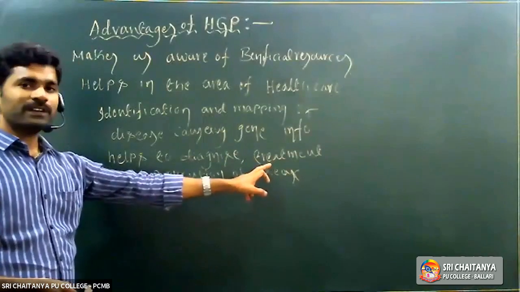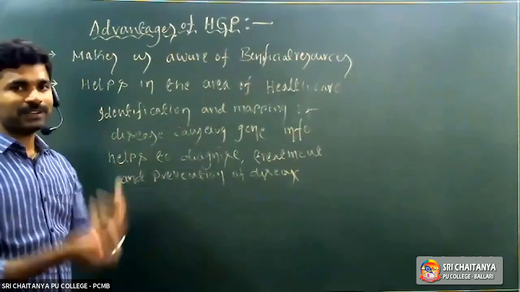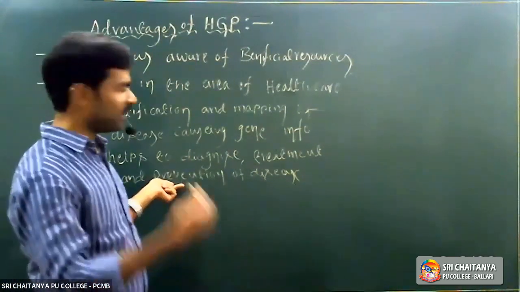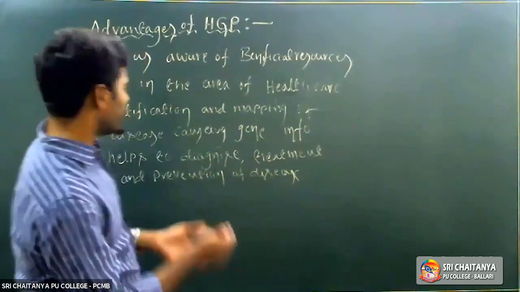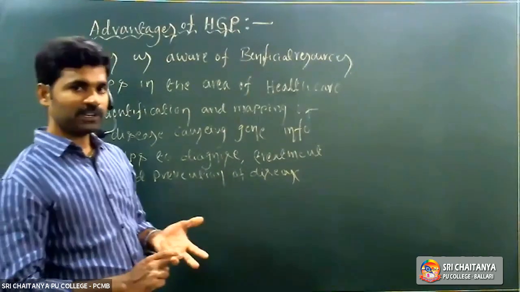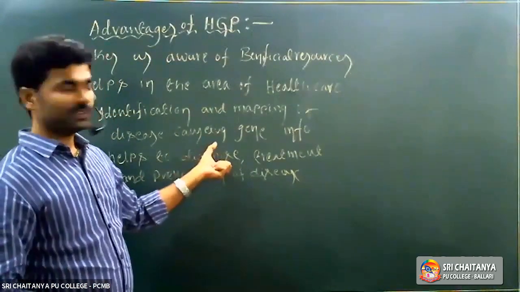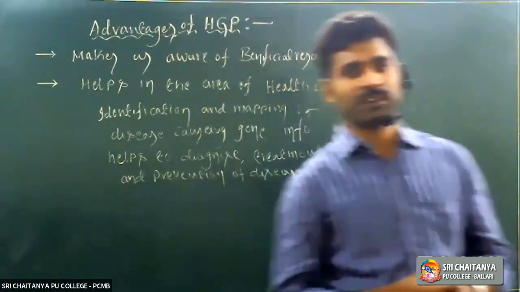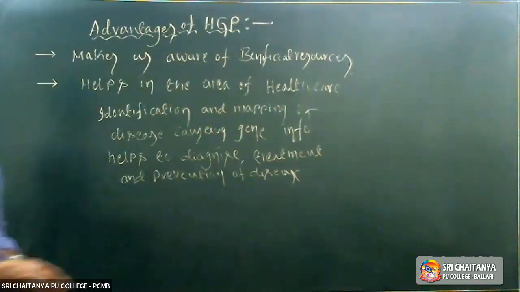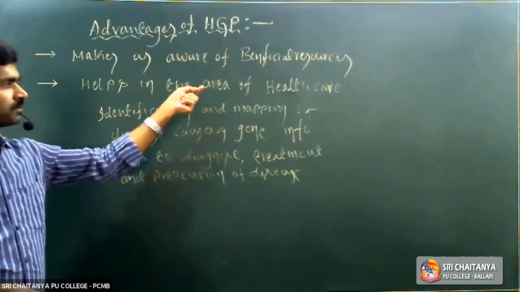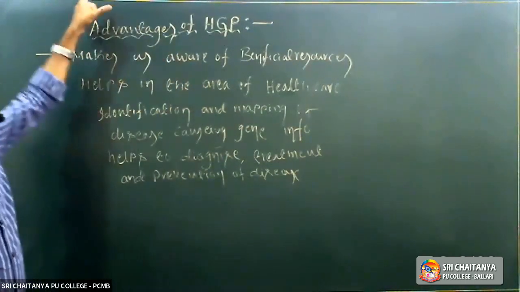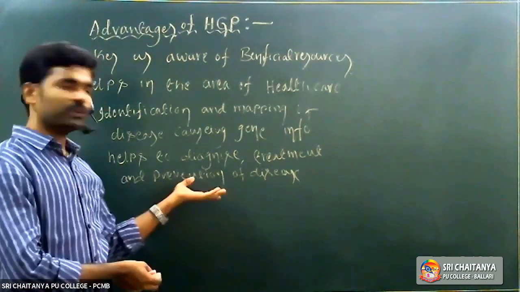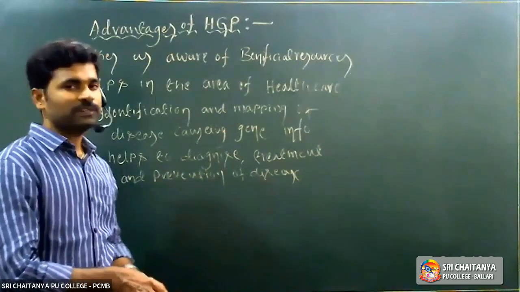Then treatment, to give a particular treatment to that disease, and prevention, controlling that particular disease. So the human genome information, or other organisms' disease-causing genome information, helps to diagnose a disease, give particular treatment, or prevent it.